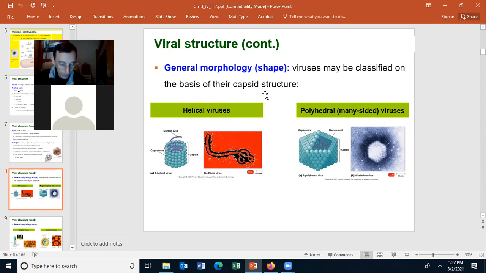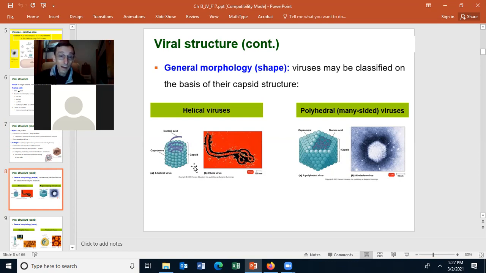So that's similar to prokaryotic cell. There are 3 basic viral shapes, although different authors can have different numbers. But we'll say it with our author, and he uses 3, and most authors do.